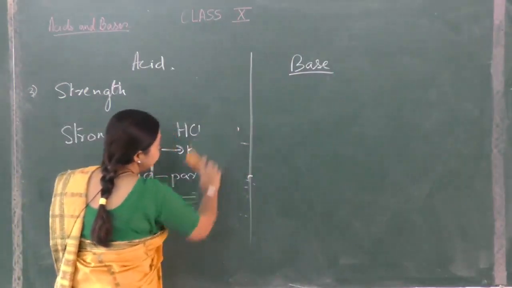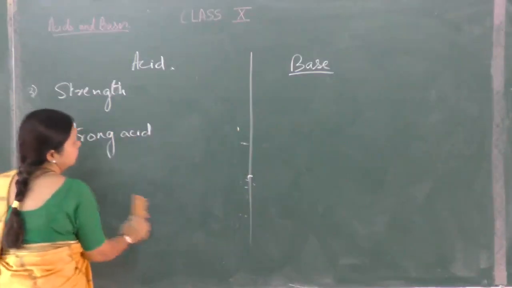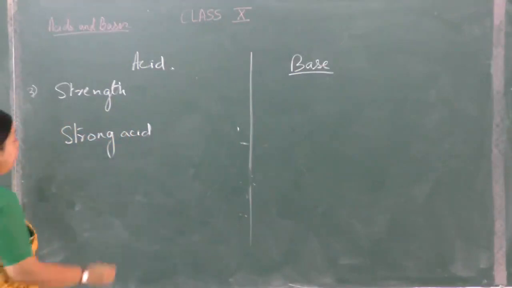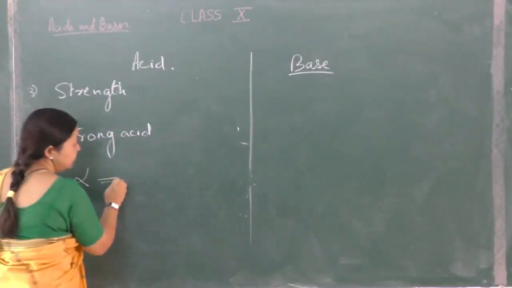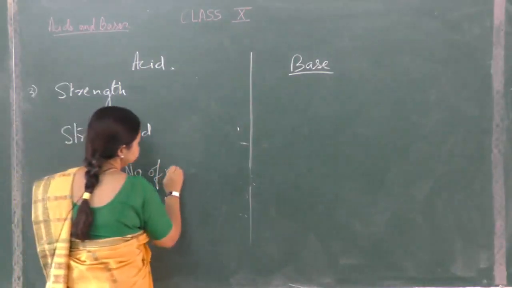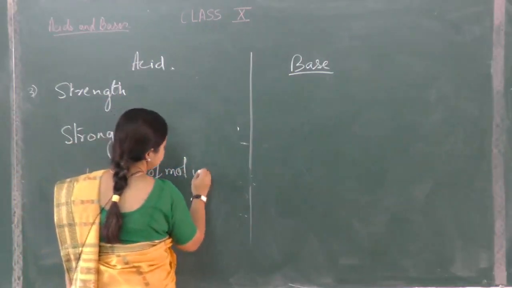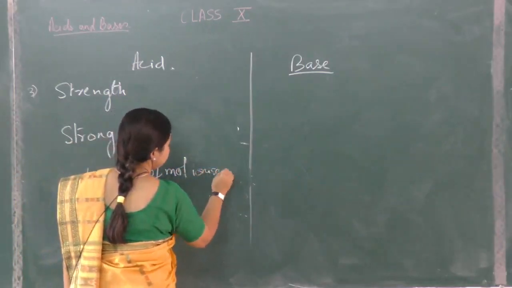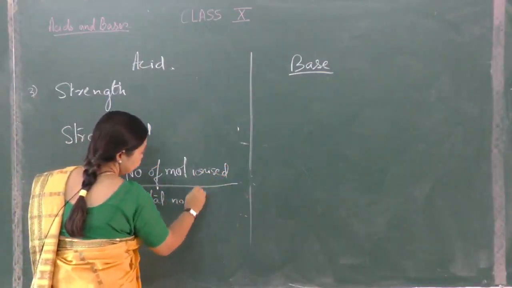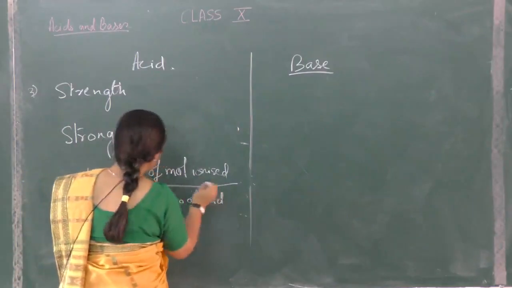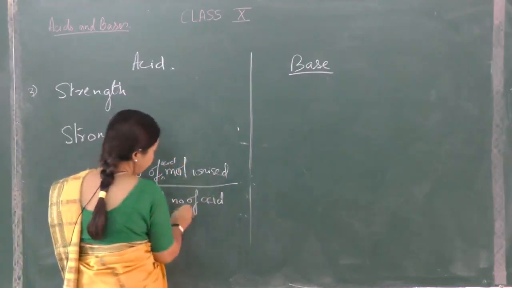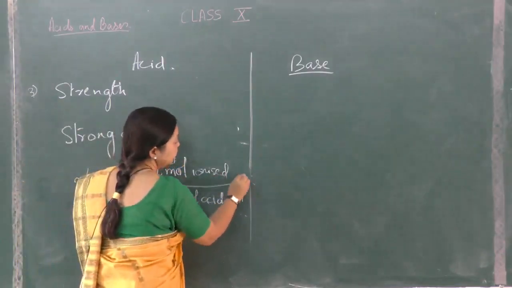Now what is this degree of dissociation? Alpha. For strong acids, the degree of dissociation is very high, as we just said. So alpha, the degree of dissociation, is equal to the number of acid molecules ionized or dissociated upon the total number of acid molecules, into 100.